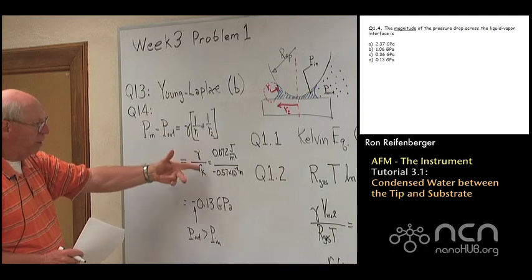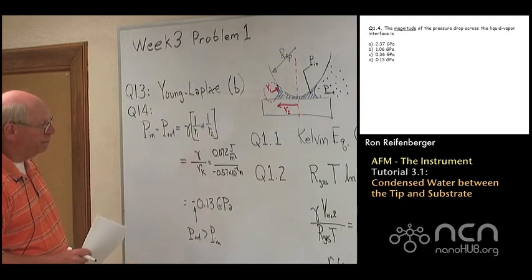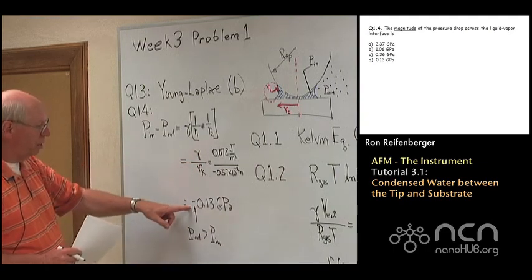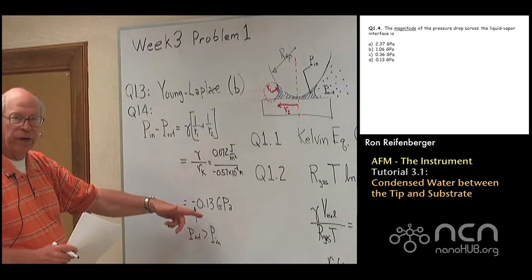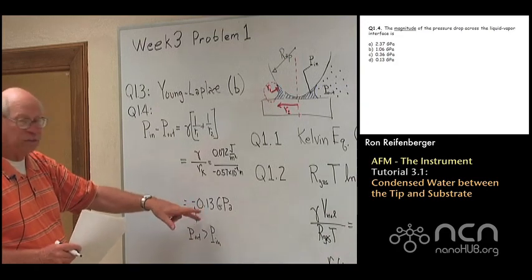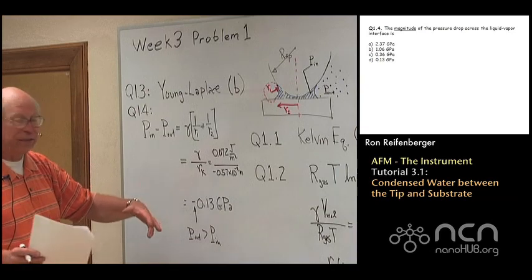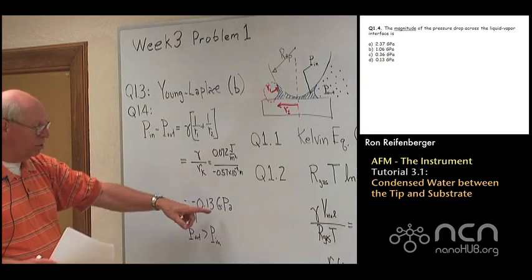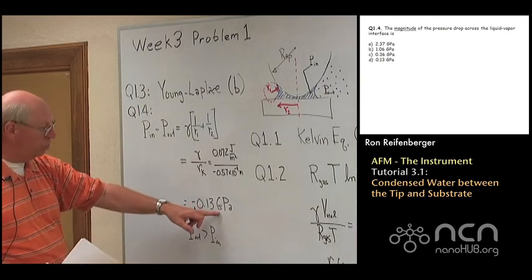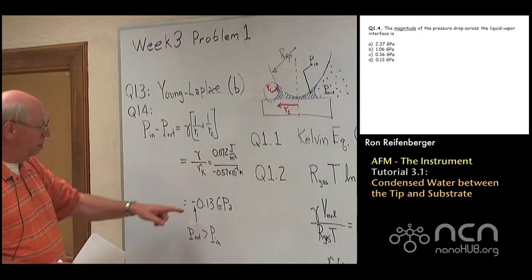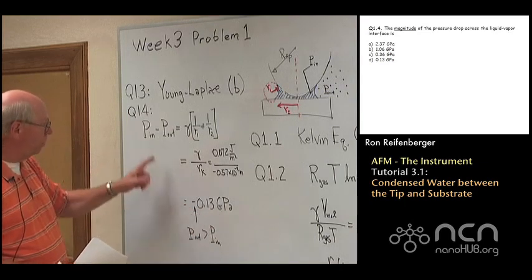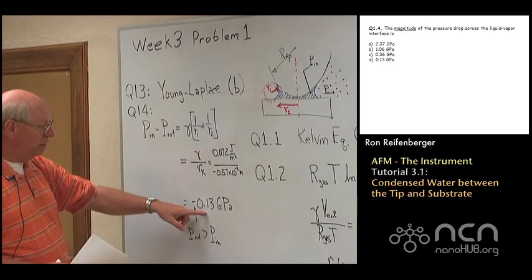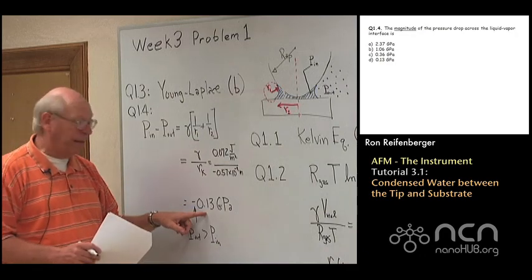So when I evaluate this expression, I end up with minus 0.13 times 10 to the 9th newtons per square meter. 10 to the 9th newtons per square meter is a gigapascal. So I get a pressure difference between the inside and the outside of about 0.13 gigapascals.